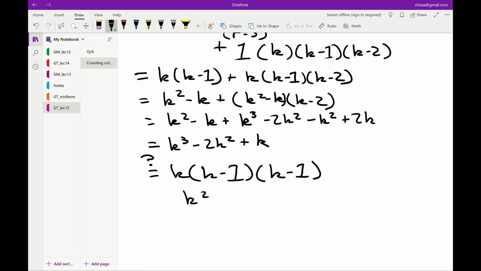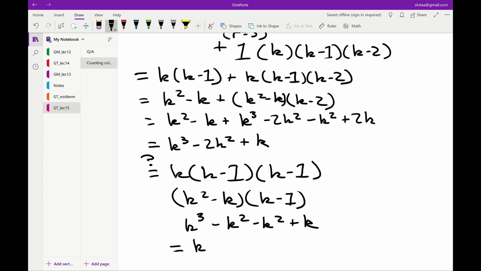So let's just solve it out. k squared minus k times (k minus 1), which equals k cubed minus k squared, minus k squared plus k, which equals k cubed minus 2k squared plus k.